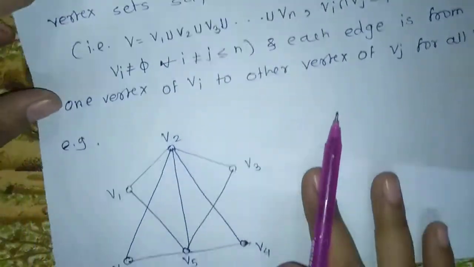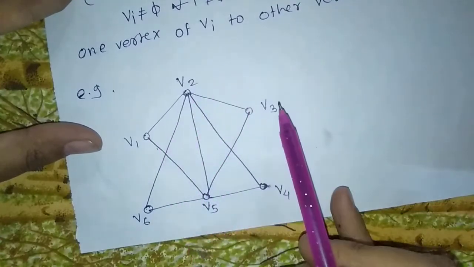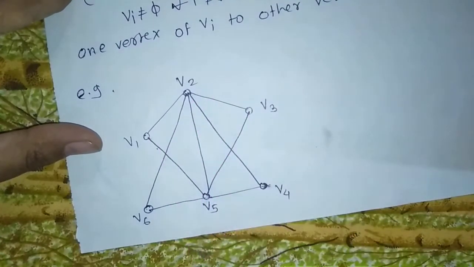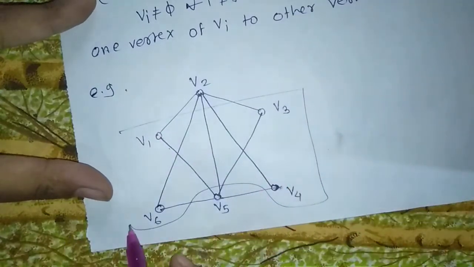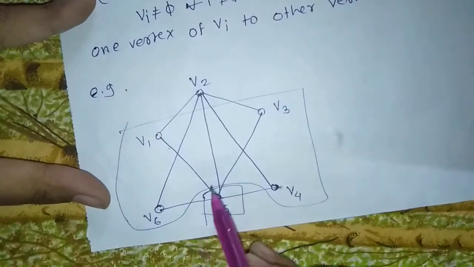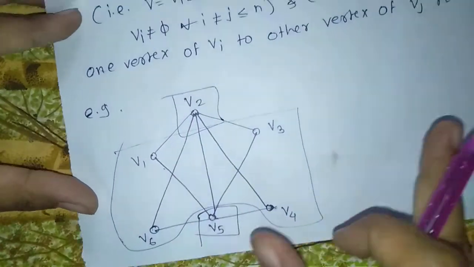For example, see this graph with vertices v1, v2, v3, v4, v5, v6. If we take this as one vertex set, this as one vertex set and this as one vertex set, then this is a three-partite graph.